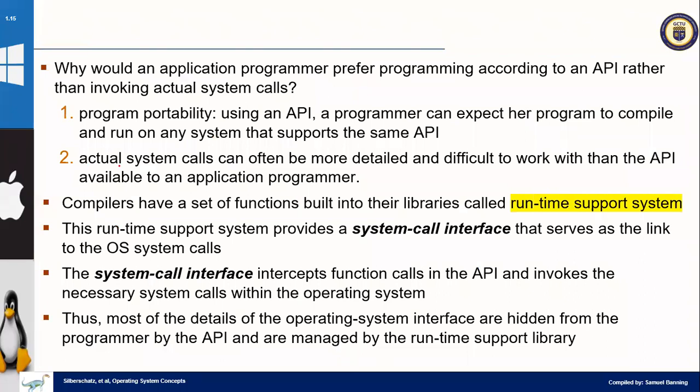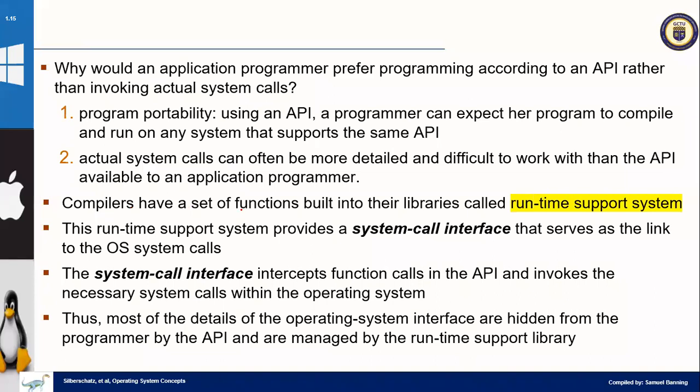Number two, actual system calls can often be more detailed and difficult to work with than the API. If you want to do the system calls yourself as a programmer, it will be more difficult, and the detailing is overwhelming for an ordinary programmer.